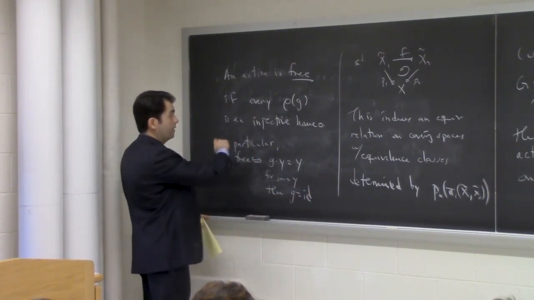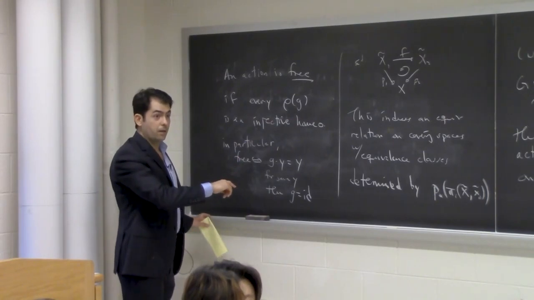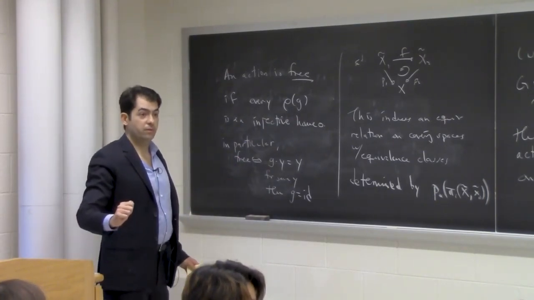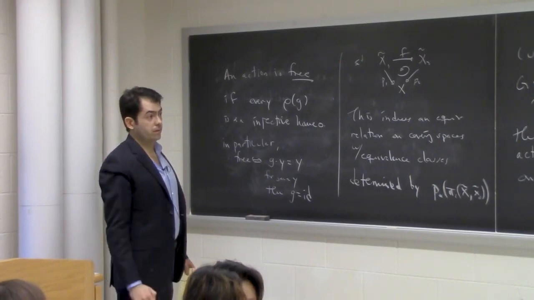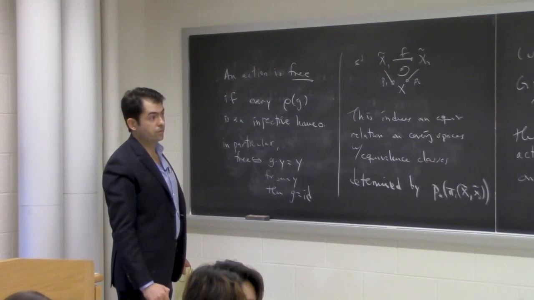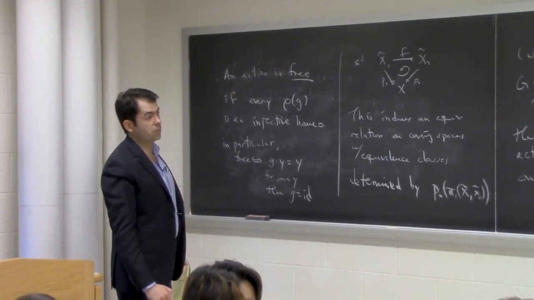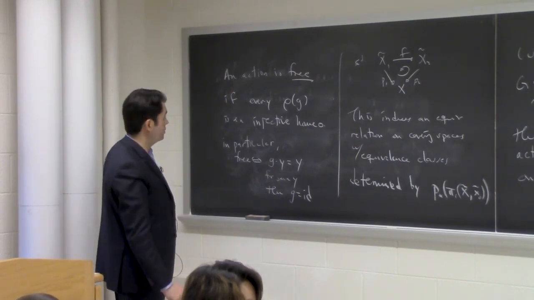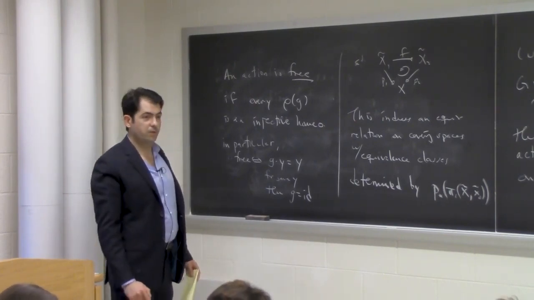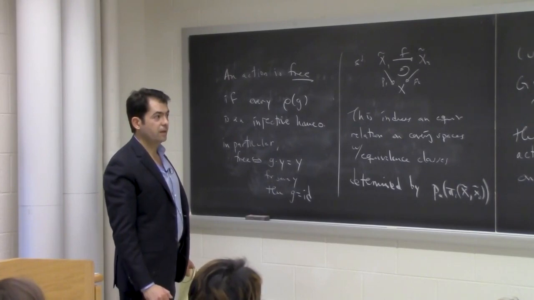Well, what do you mean it's always injective? It's a homomorphism. You mean to say without fixed points. So no rho G, besides the identity, has a fixed point. Yes, exactly.